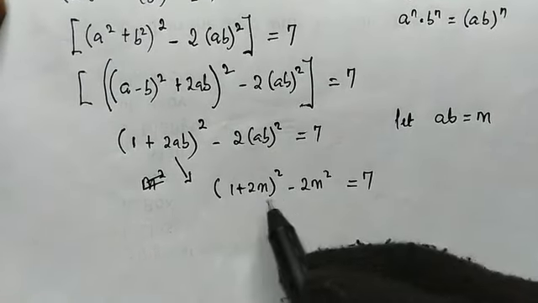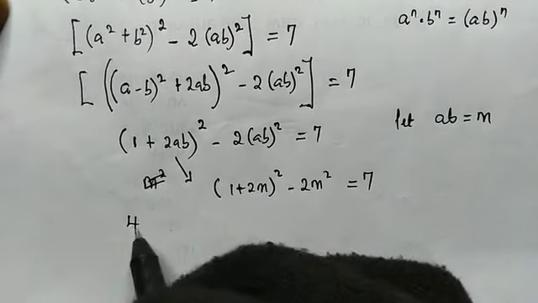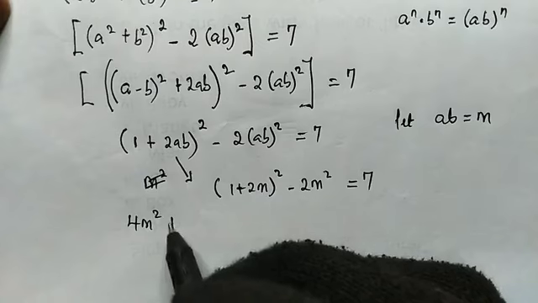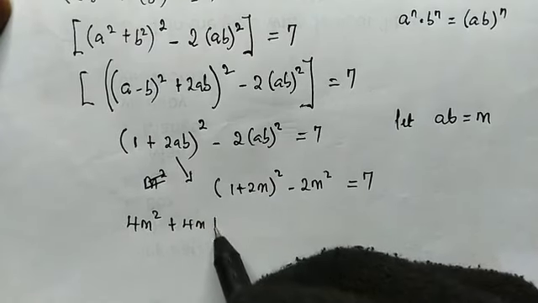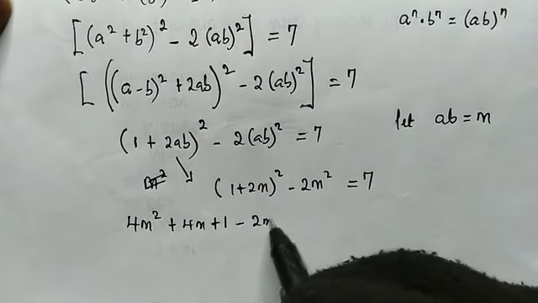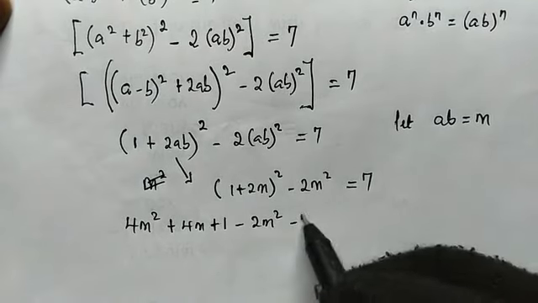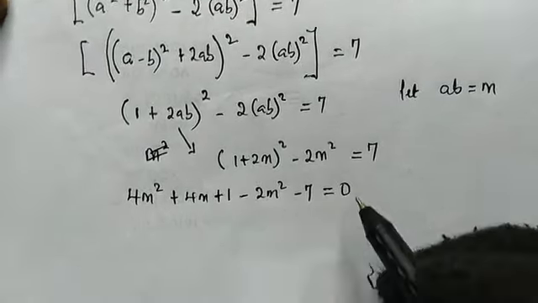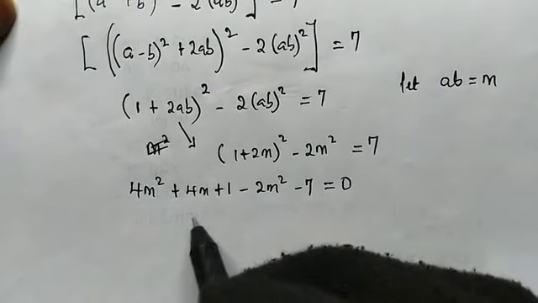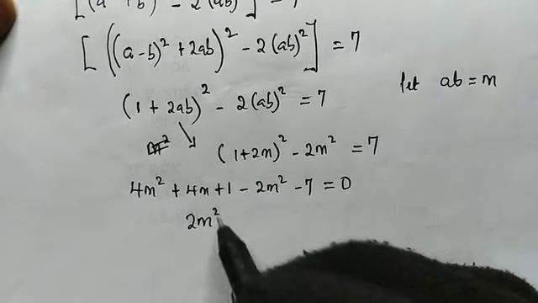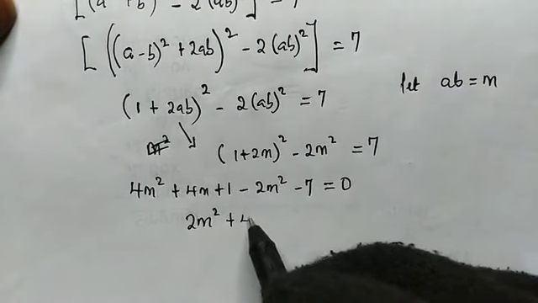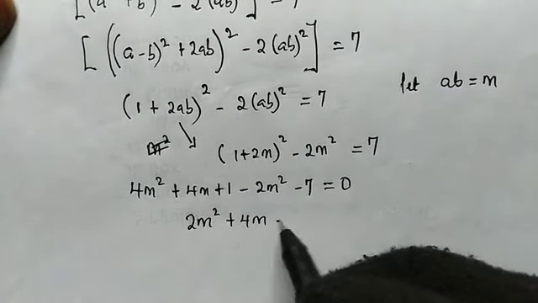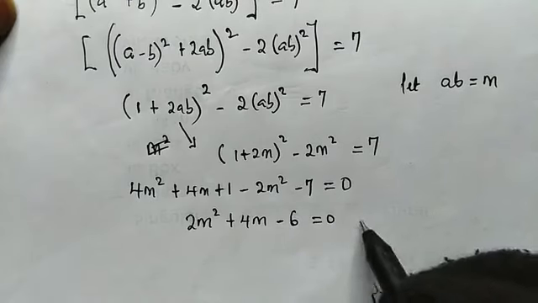So from here, expanding this, we get 4m squared plus 4m plus 1, then minus 2m squared, subtracting the 7 and setting everything equal to 0. So 4m squared minus 2m squared is 2m squared plus 4m. 1 minus 7 is negative 6. This is equal to 0.